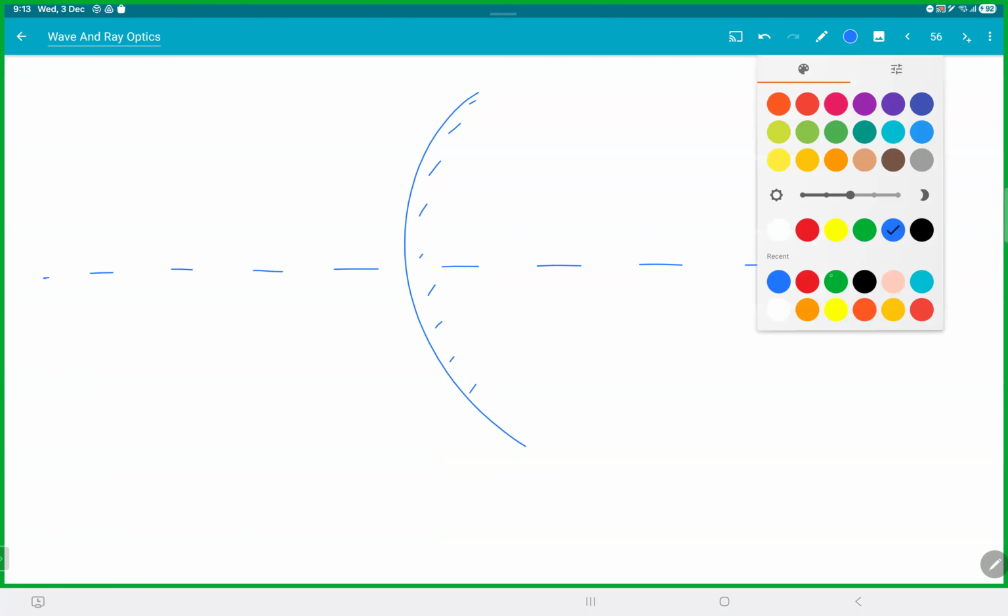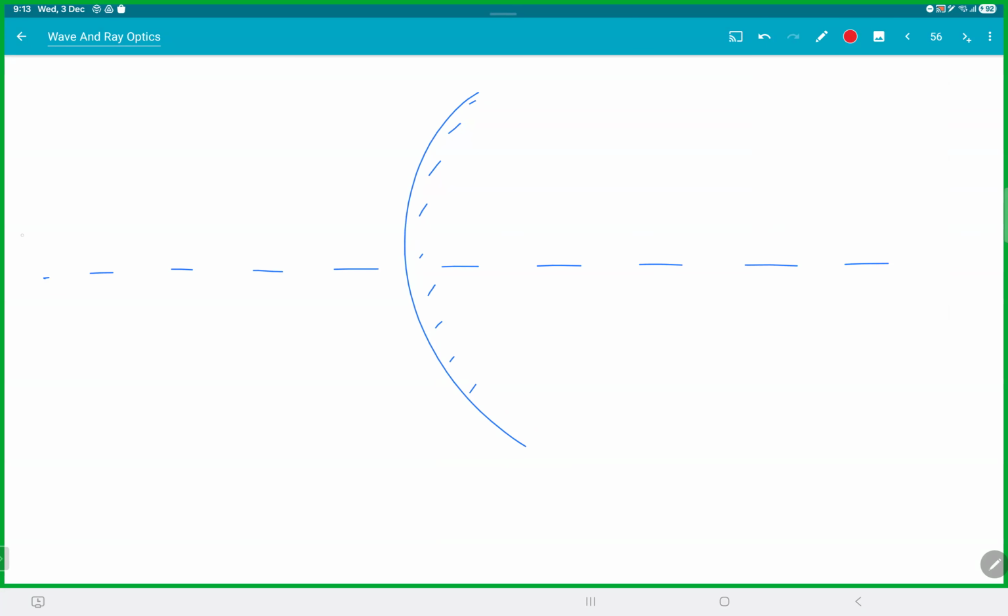So instead of directly doing this, let's do like this. Imagine we have arrows here. We have arrow here, we have arrow here, we have arrow here, we have arrow here, and we have arrow here. So there are like 5 arrows. So ask yourself, where is the image of arrow 1? When you're at infinity, where will the image form? At the focus.